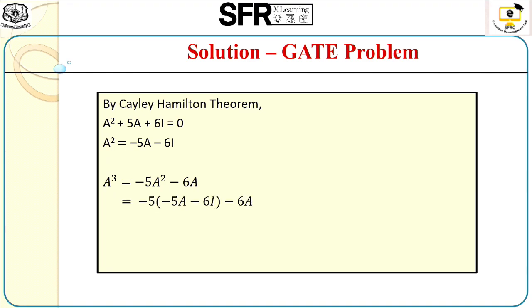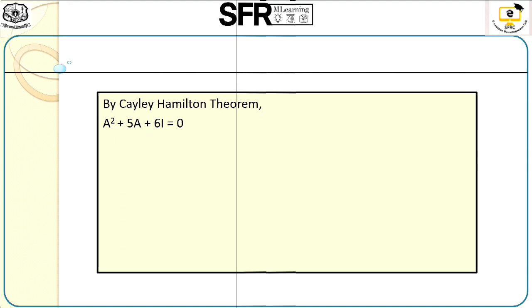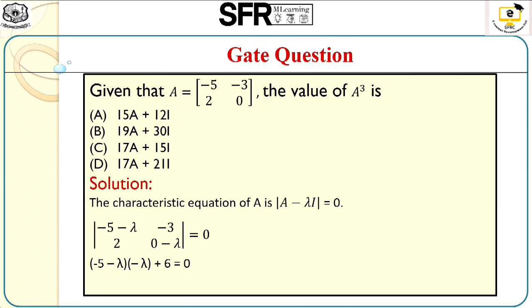Then A cubed, by pre-multiplying by A, we get A cubed like this. From that we get the answer for A cubed as 19A plus 30I. So, from the given question, we observe that option B is the correct answer, 19A plus 30I.